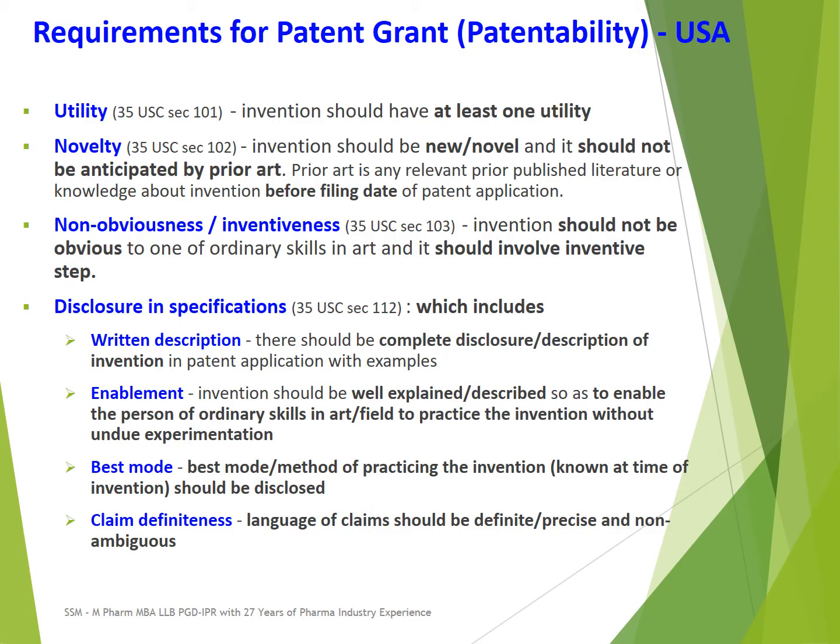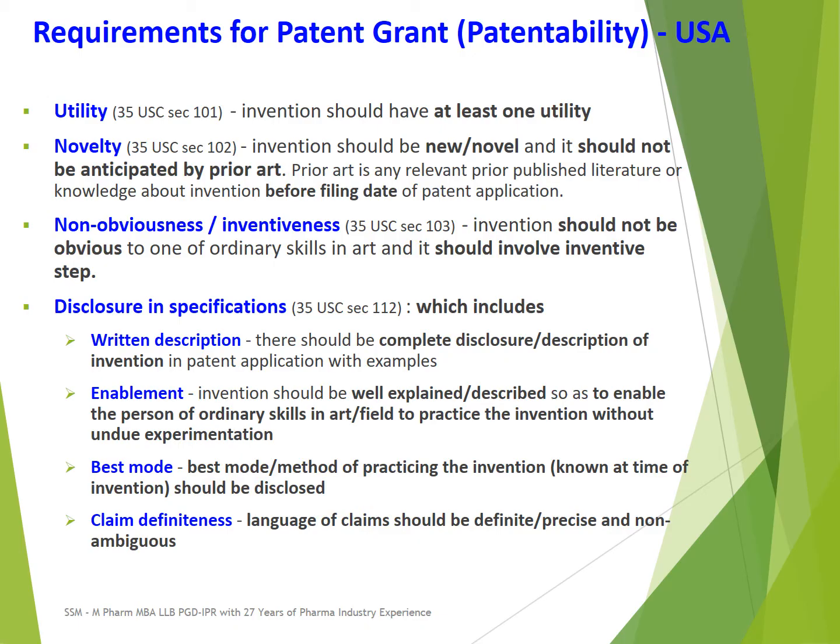And a person of ordinary skill in the art, suppose in case of chemical invention, will be considered a person having a graduate degree in chemical field or chemistry field. So your invention should be non-obvious and it should involve at least one inventive step.